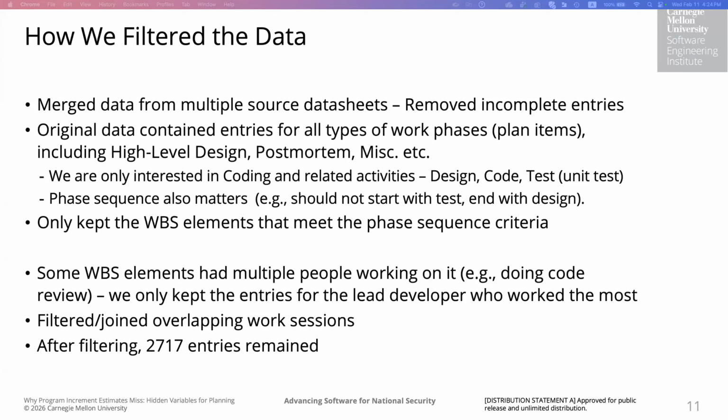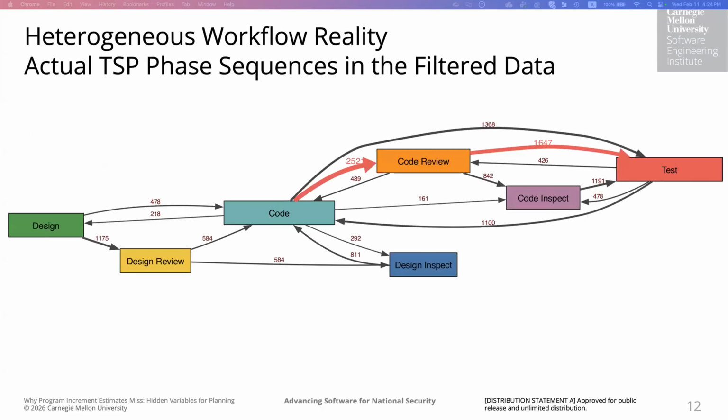We identified and resolved such overlapping sessions either by merging or filtering them, depending on the timestamp consistency. After applying all of these filters and constraints, we reduced the data set from over 7,400 work items to 2,717 clean, phase-consistent entries suitable for analysis.